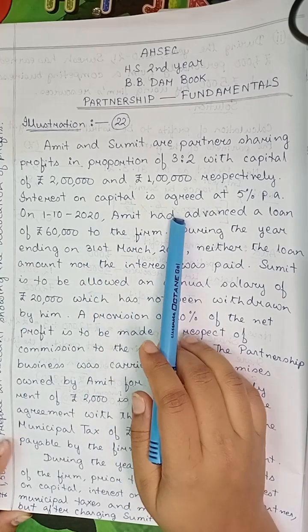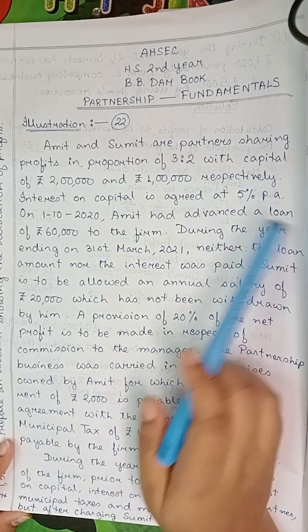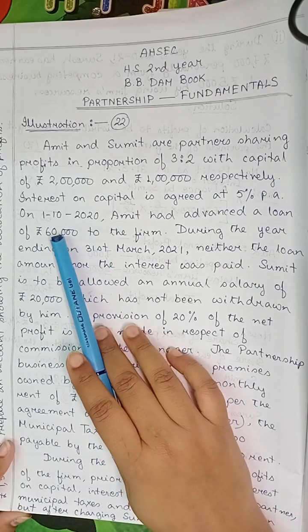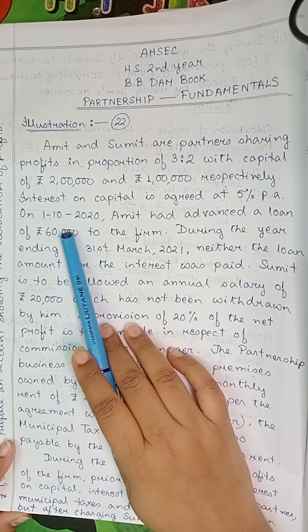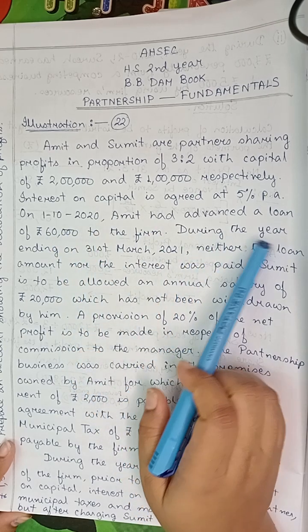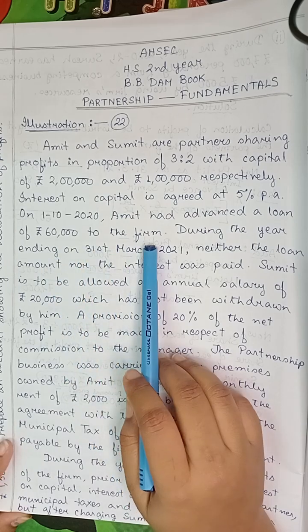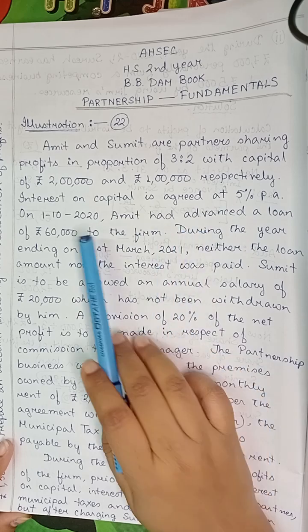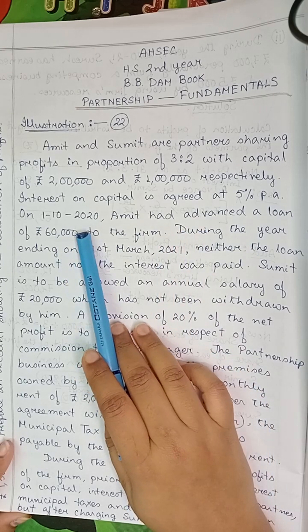Interest on capital is agreed at 5% per annum. On 1/10/2020, that is the 1st of October, Amit had advanced a loan of rupees 60,000 to the firm. So Amit has given a loan to the firm on the 1st of October.